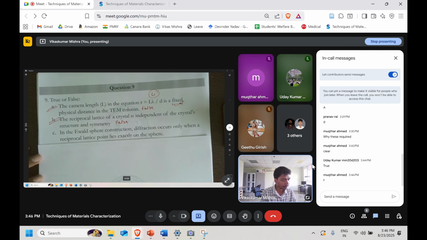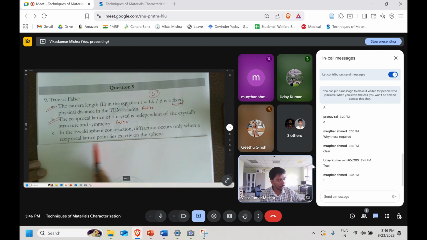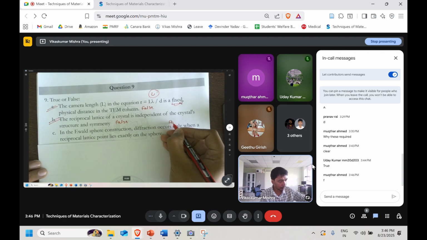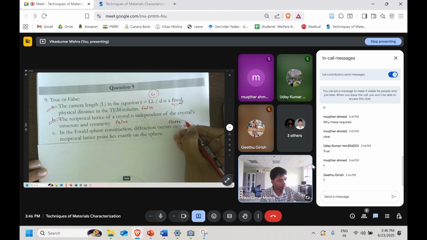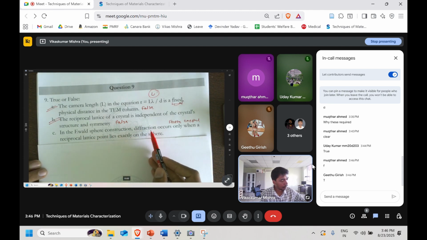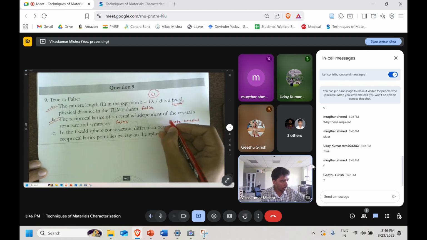Now the third one. In the Ewald sphere construction, diffraction occurs only when a reciprocal lattice point lies exactly on the sphere. Let us say we are talking about the finite crystal. If we talk about the infinite crystal, in that case it will be true.